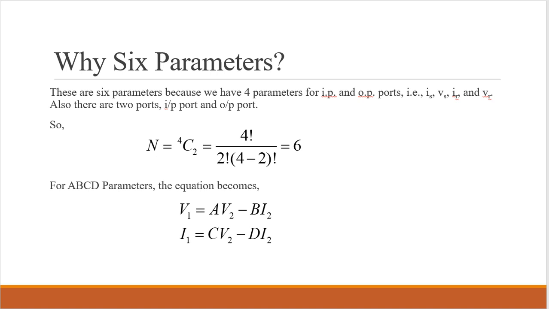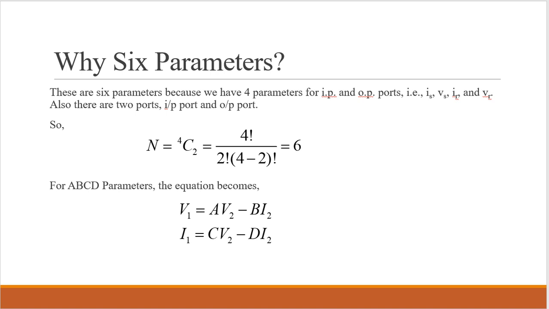Now let me tell you why there are 6 parameters existing for transmission lines. How did we find this value 6? We have 4 quantities, voltage and current: source voltage, source current, receiving end voltage and receiving end current, okay?